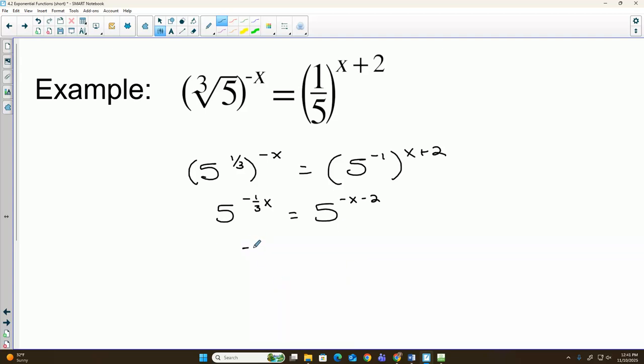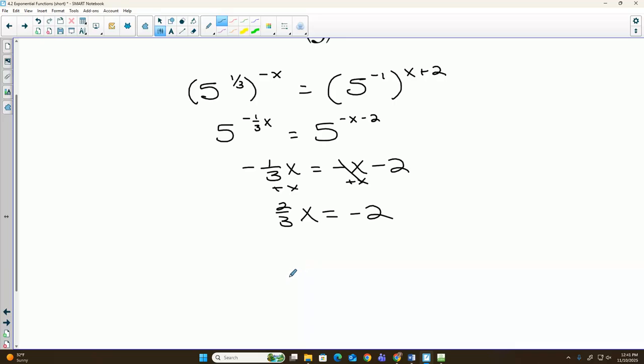Now you have 5 to a power on each side. So you just set the exponents equal. We add over our x, negative 1/3 plus 1, 2/3. So you divide by 2/3 or multiply by 3/2.